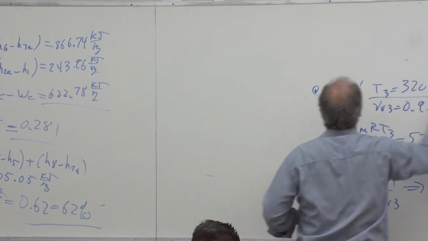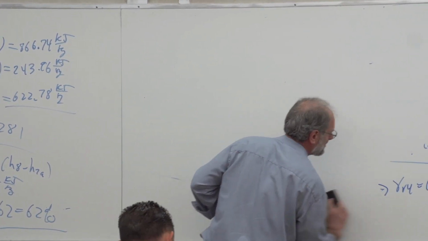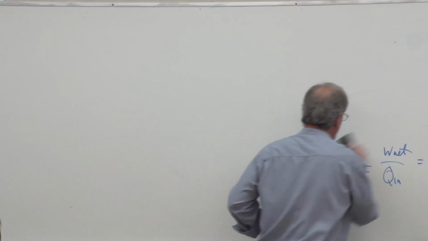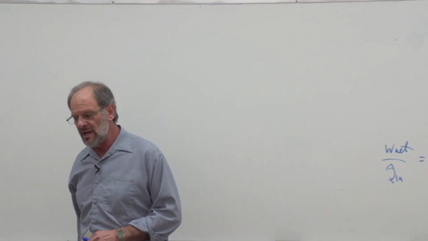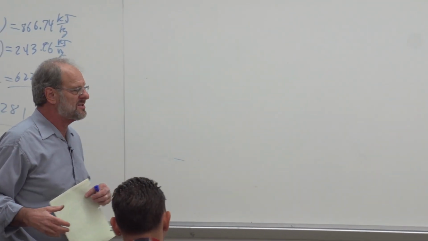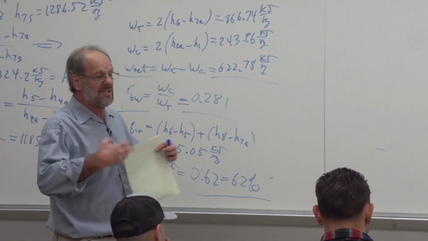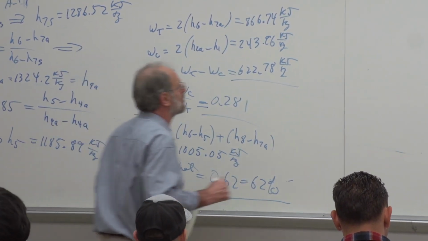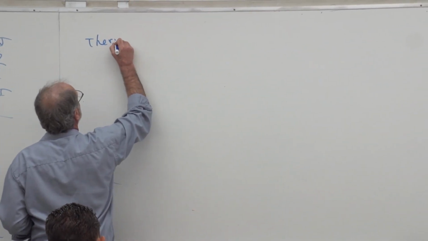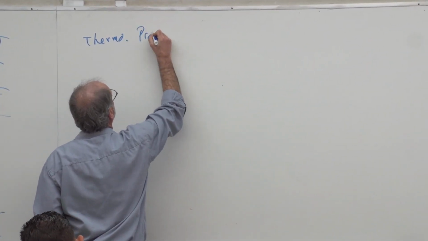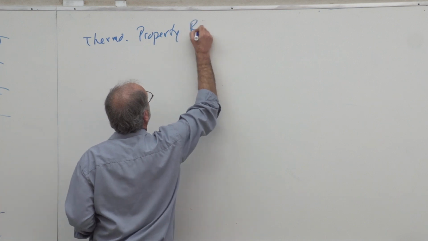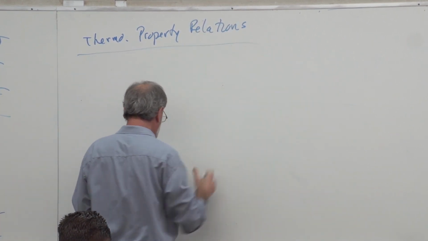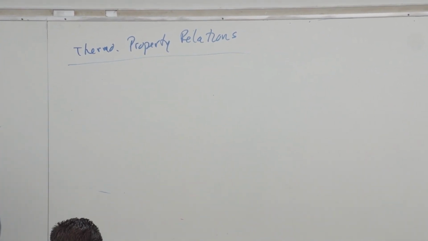Much of what we're going to do today is just develop the general equations that are going to be utilized. Then as we continue this material for the rest of the week, we're going to apply these equations in various ways to actually get the thermodynamic property data that could be used in tables. So again, this is called thermodynamic property relations, and this is the material that's in chapter 12.